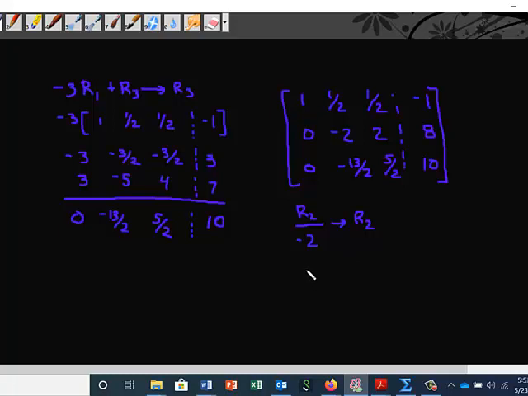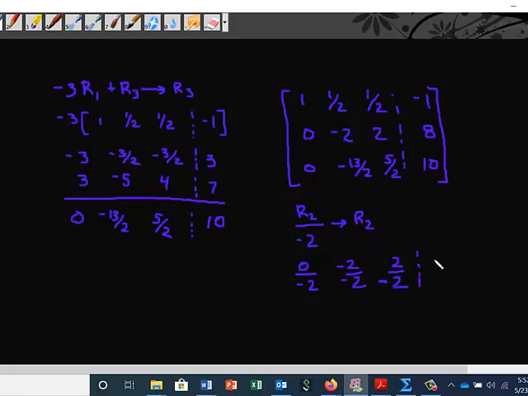So when we do this, this will be 0 over negative 2, negative 2 over 2, negative 2 over 2. And then this is going to be 2 over negative 2. Okay.